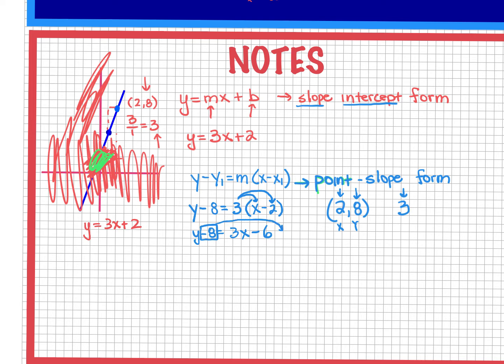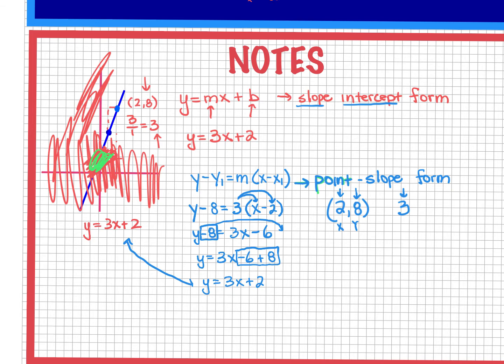But when it switches sides, it becomes positive 8. So y equals 3x minus 6, but now plus 8. And negative 6 plus 8 is positive 2. So y equals 3x plus 2. And check that out. They're the same exact answer.